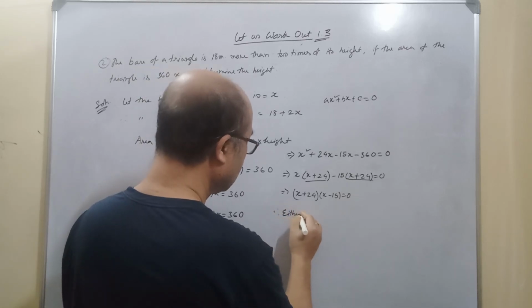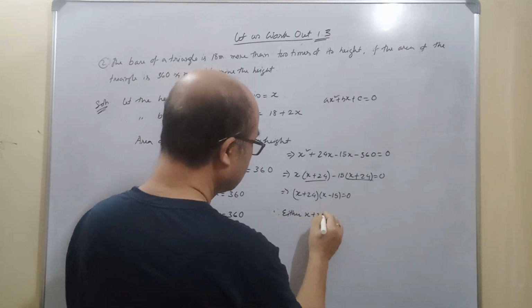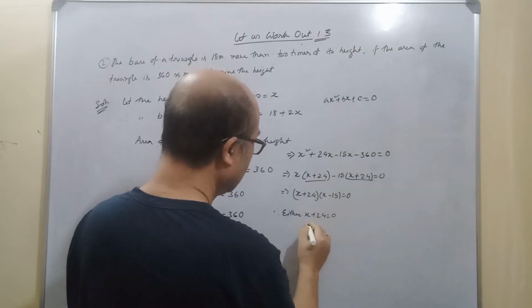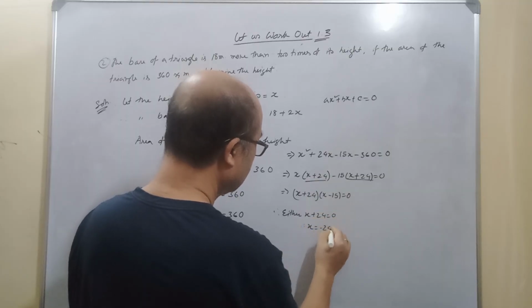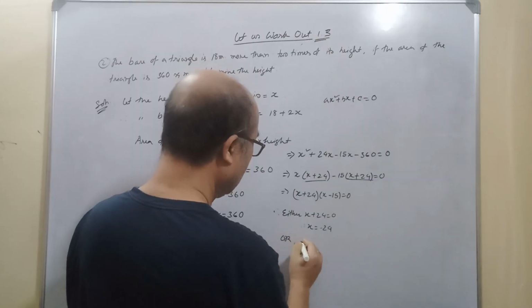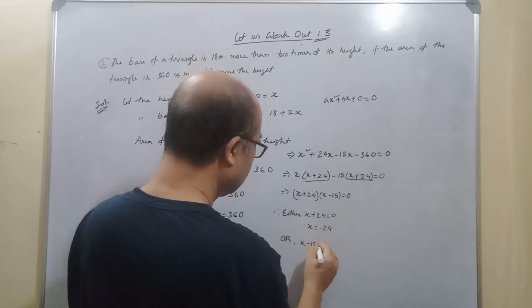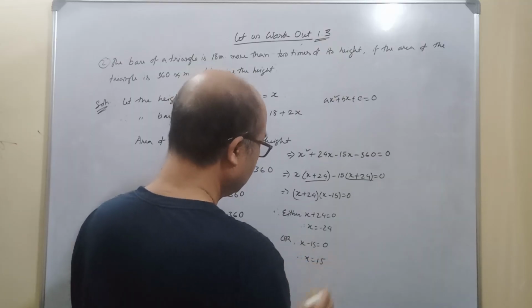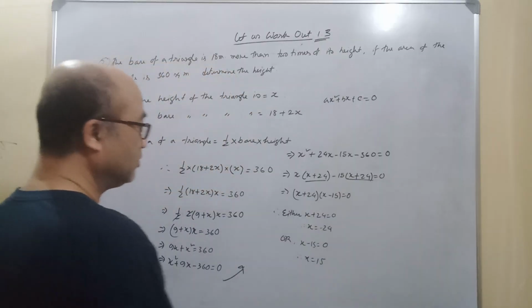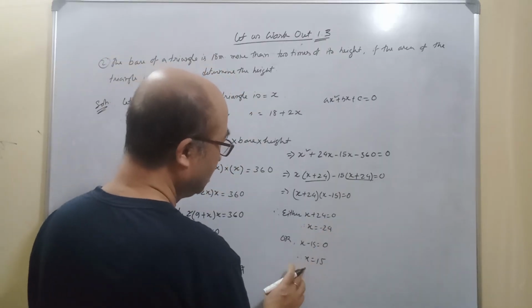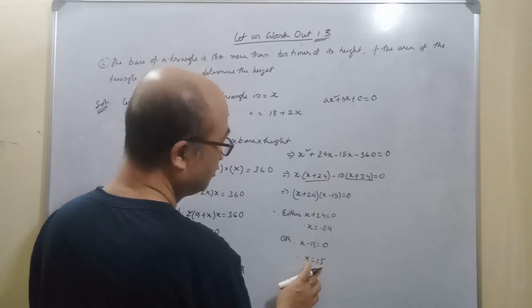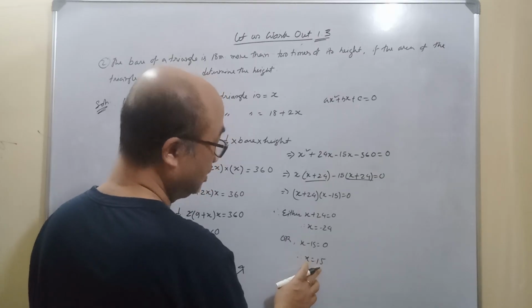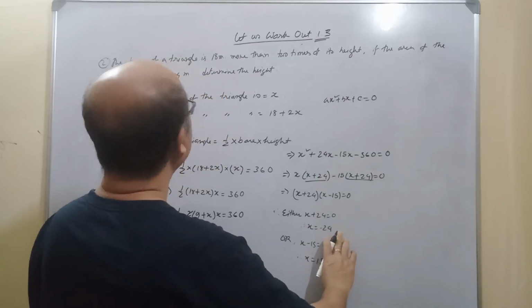Hence either x plus 24 equal to 0, hence x is equal to minus 24, or x minus 15 is equal to 0, hence x is equal to 15. So we have x equal to minus 24 and x equal to 15. Okay, we get two values.